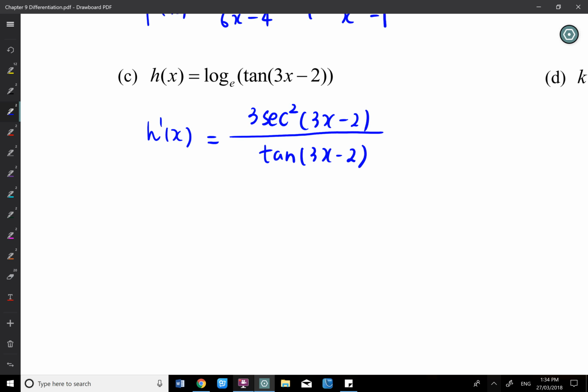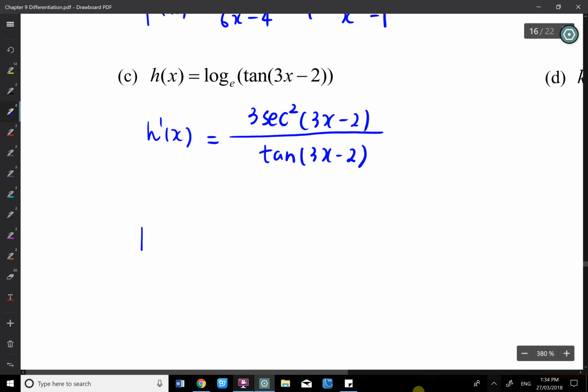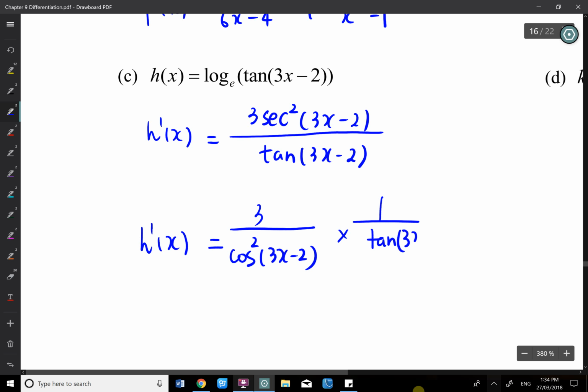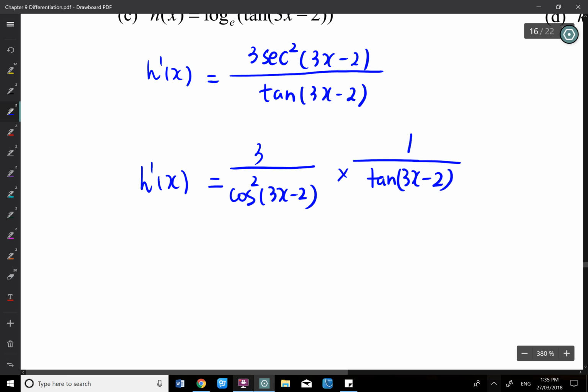You will put it into cos and sine, right? Remember what sec is? Sec is 1 over cosine. So for evaluation I will put it all into sine and cosine. So 3 sec squared is 3 over cosine squared 3x minus 2, times 1 over tangent 3x minus 2. Anyone know what tangent is? Sine over cos.